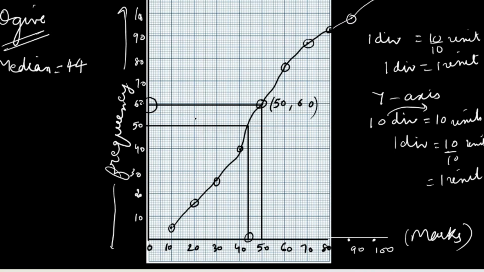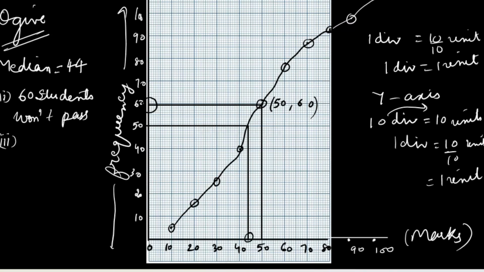So if the passing marks is 50, then 60 students, because these many students are getting less than 50, that means 60 students won't pass. So for this second part, it is 60 students. 60 students won't pass if the passing marks is equal to 50.